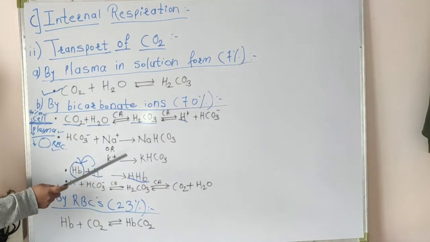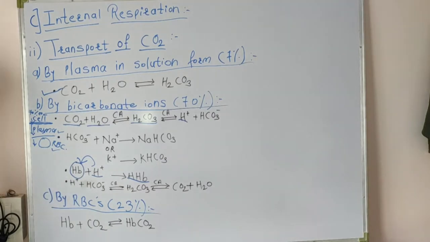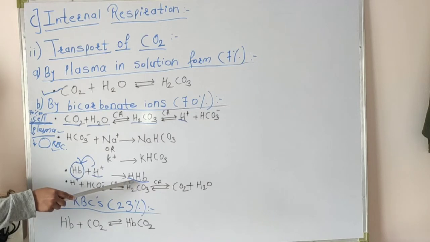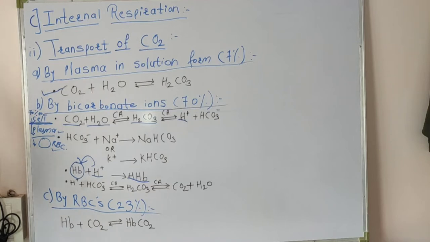Deoxyhemoglobin means reduced hemoglobin. The reason is that the hydrogen ions would lower the pH of the blood, so they get buffered by the hemoglobin, forming deoxyhemoglobin, that means reduced hemoglobin. At the level of our lungs, there is always a low partial pressure of carbon dioxide.